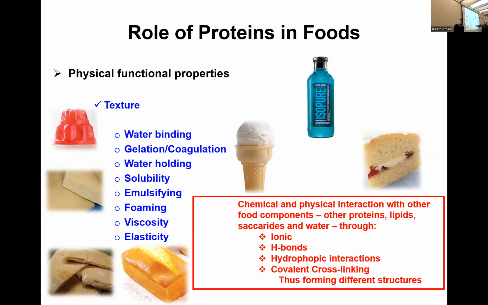The interactions can be ionic, hydrogen bonding, hydrophobic, covalent, forming your different structures. We will learn all about these interactions and how they impact a certain functionality. This is all introduction. I don't expect you to know all of this now. I'm just introducing what you're going to learn in this class.